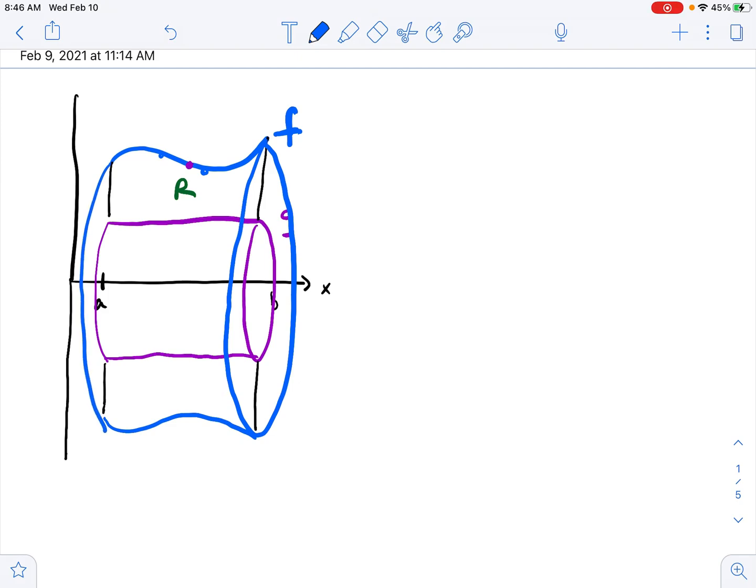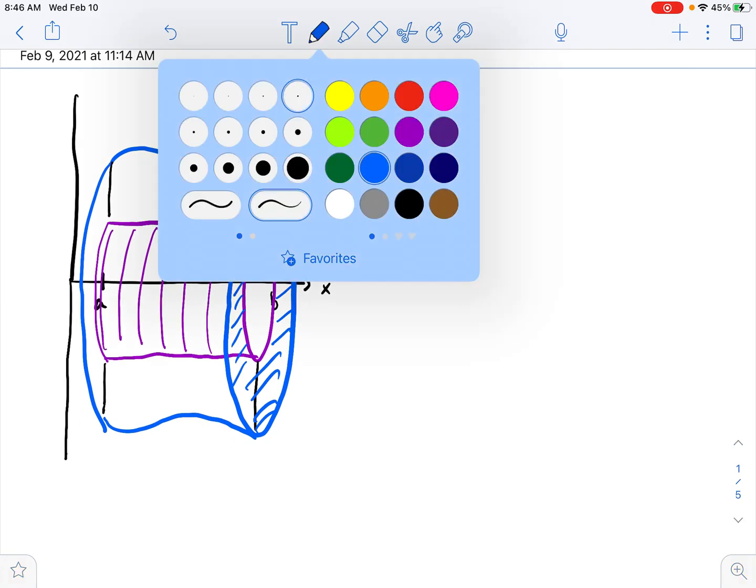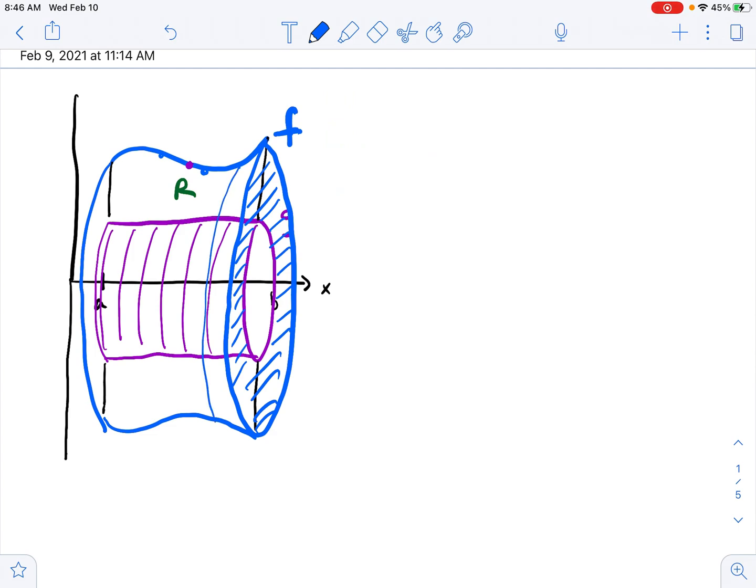And what do you notice now? Well, basically, we have kind of like a hole going through the middle of this thing is what you want to try to visualize here. I've got this purple function kind of going through the center. That creates those disks. And then I've got this blue function here. And again, the original region is this, so this is the only part that's being rotated, right? And so we've kind of got like this big hole in the middle of this thing, all right?